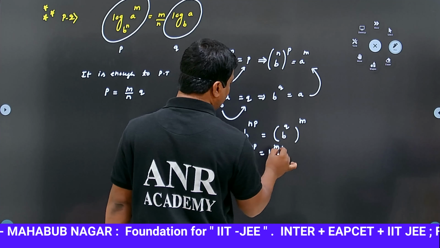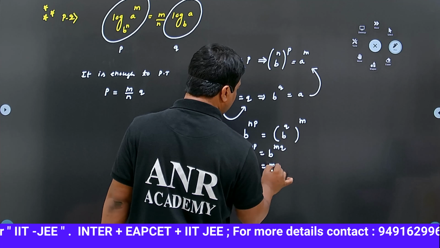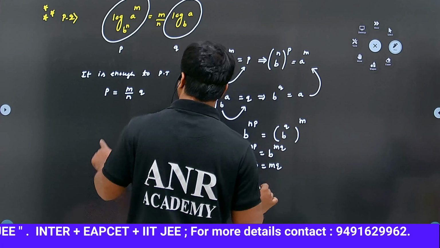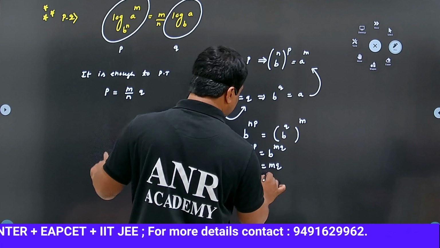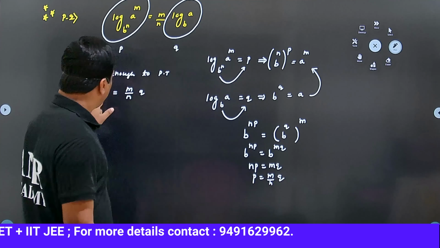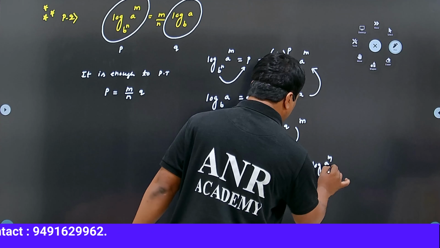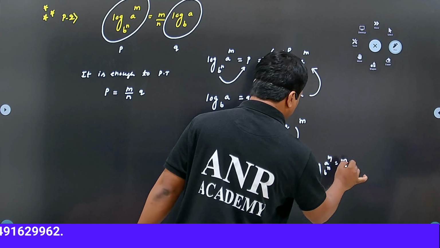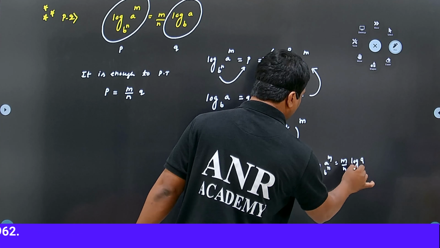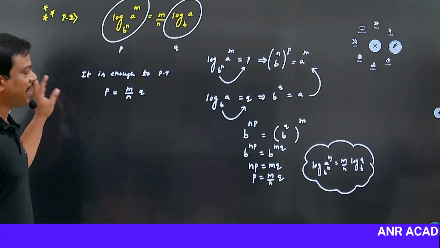So here, due to same base, np equal to mq, and hence p is written as m by n into q. So you got p equal to m by n into q, nothing but log a power m to the base b power n, which is equal to m by n, and the value of q, log a base b. This is the proof of the second one.